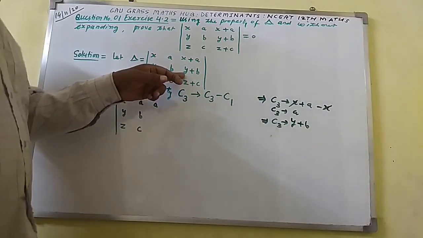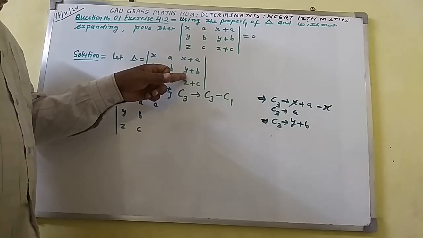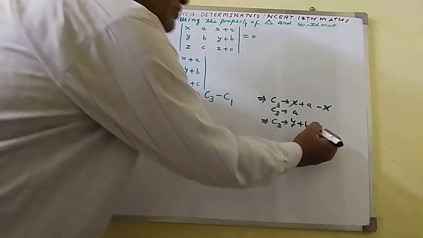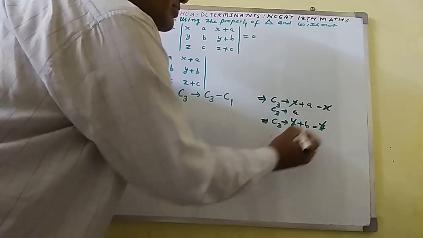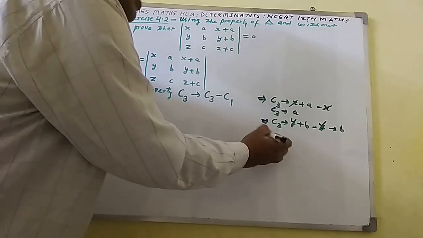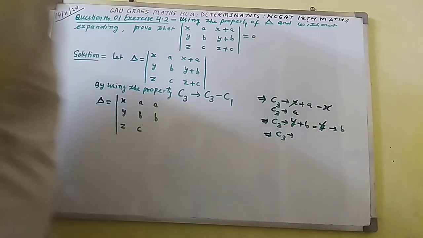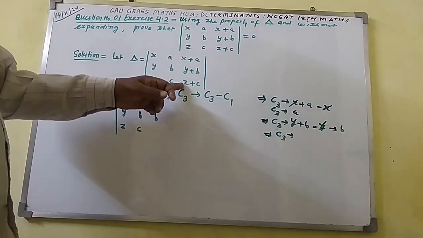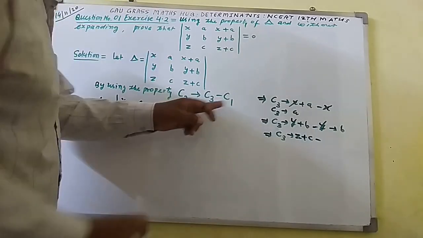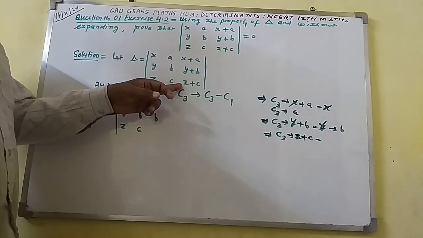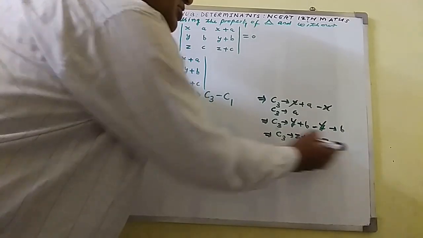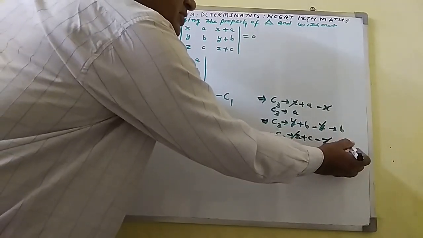Again, take z plus c, minus the corresponding element z in the first column. The z cancels out and I get c.